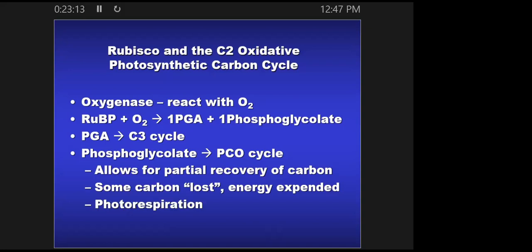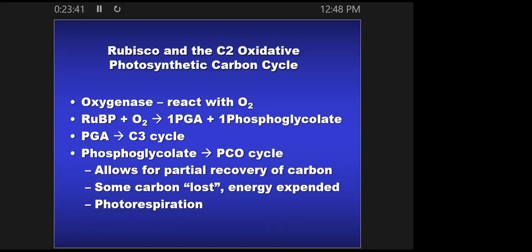So when you look at the PCO cycle, it's complicated. You lose carbon as CO2, and extra energy is needed to push it. So when they do experiments in the lab and create a situation where they make a plant run the PCO cycle, they force it, run the PCO cycle over and over and over.